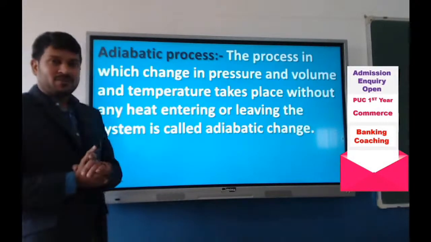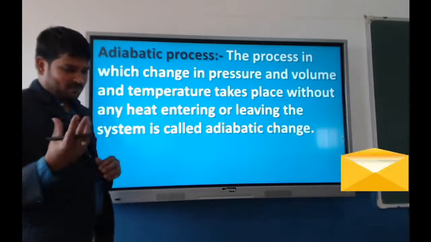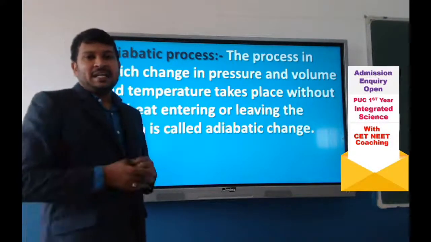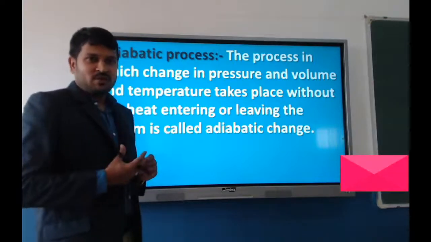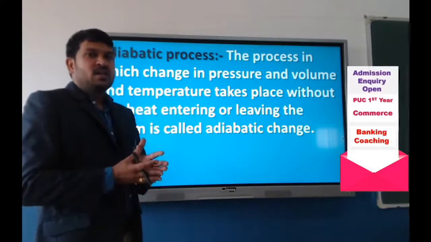Next, adiabatic process. Okay, consider a thermos. When you put tea in it, the heat can't affect it, and the tea stays hot for up to 12 hours because the whole surrounding is evacuated.